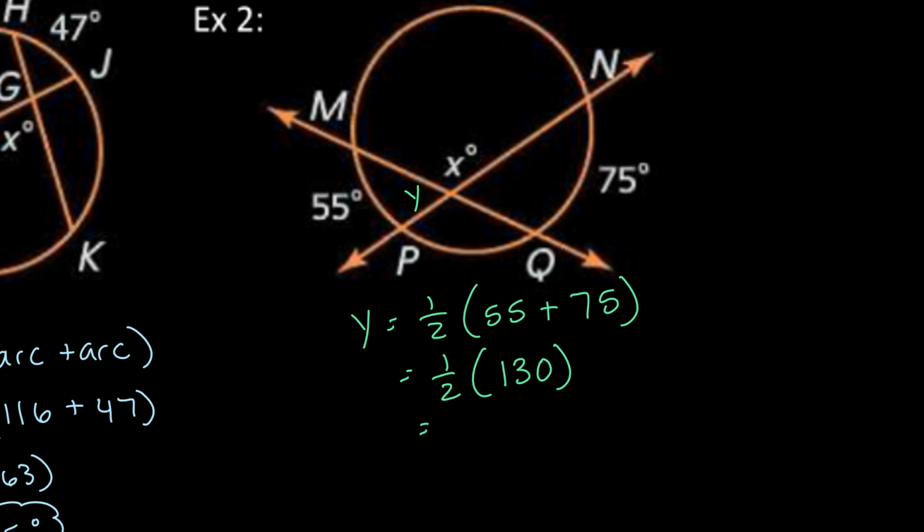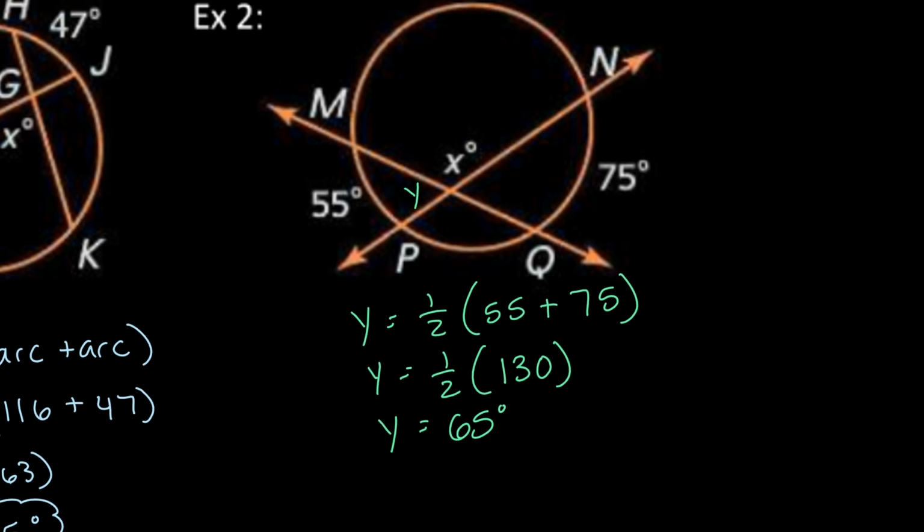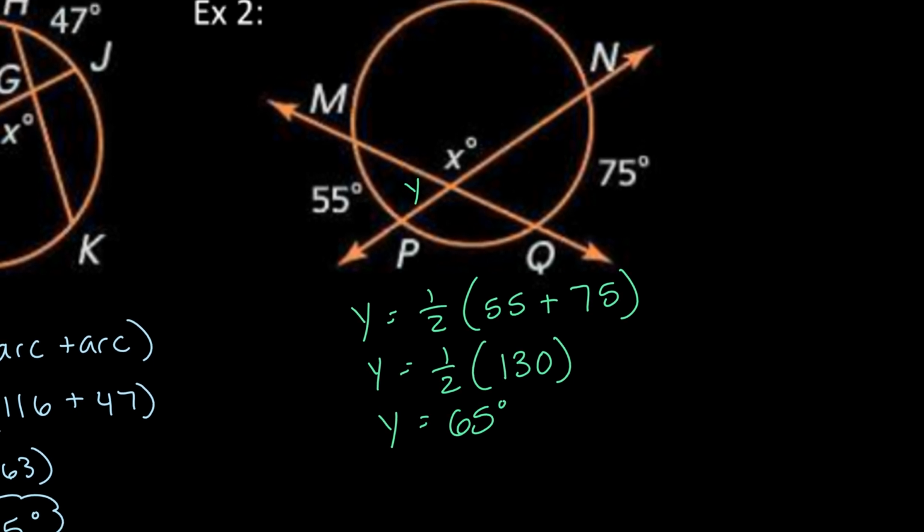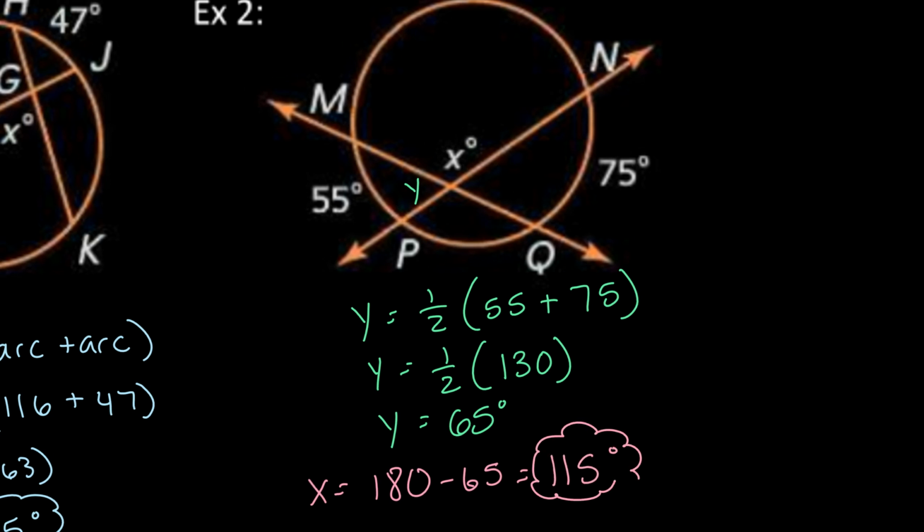Times 1/2? Is that my answer? No. What do I now need to do? So X is going to be equal to 180 minus 65, which is 115.